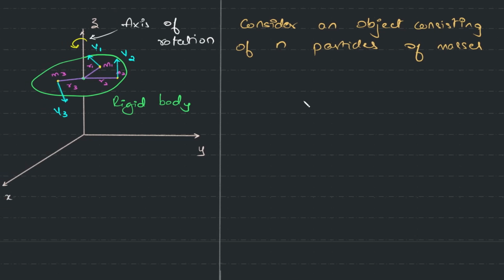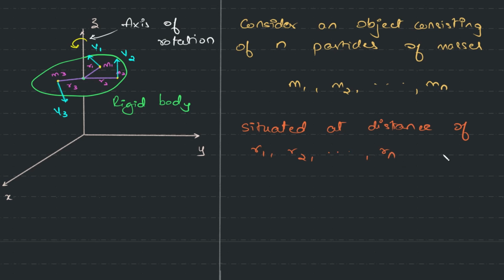Masses, say M1, M2, since there are n of them, Mn. Then situated at a distance of R1, R2, ... Rn from the axis of rotation respectively.